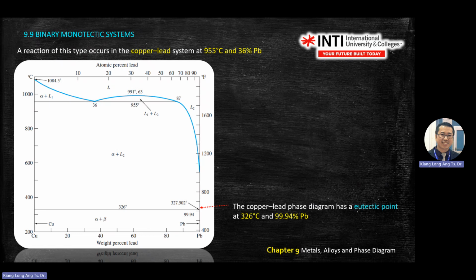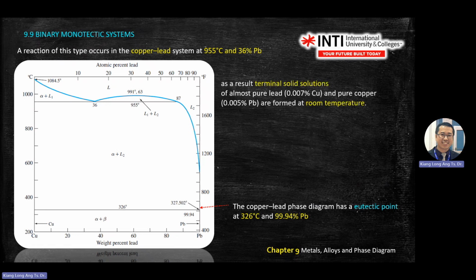Okay. So here, as a result, terminal 0.07 copper. Form at room temperature.